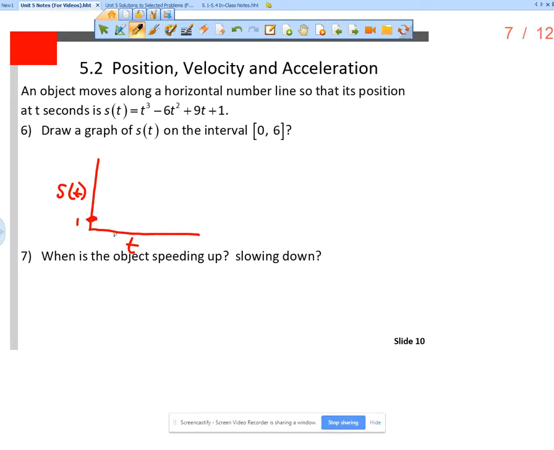Then we traveled forward until we got to s equals 5. Then we traveled backwards, and then at t equals 3, we stopped and turned around, and then until 6, we traveled forward again, and then we got to 55.